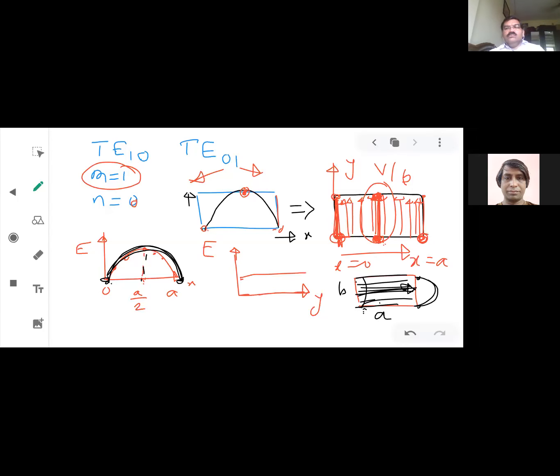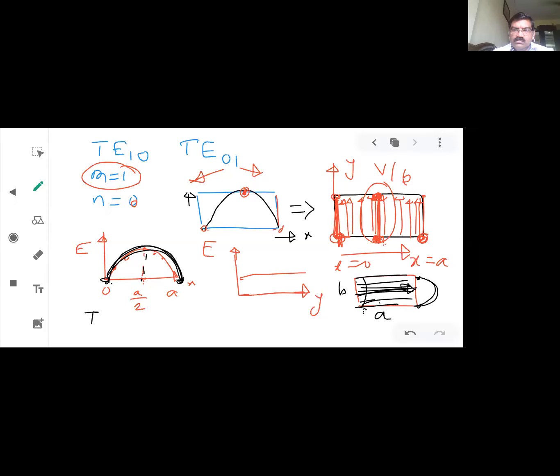Since you cannot operate your waveguide at a larger wavelength than this, this is the maximum possible wavelength at which you can operate your waveguide, and the mode is TE10. This is going to happen only for TE10. It is not going to happen for any other mode.